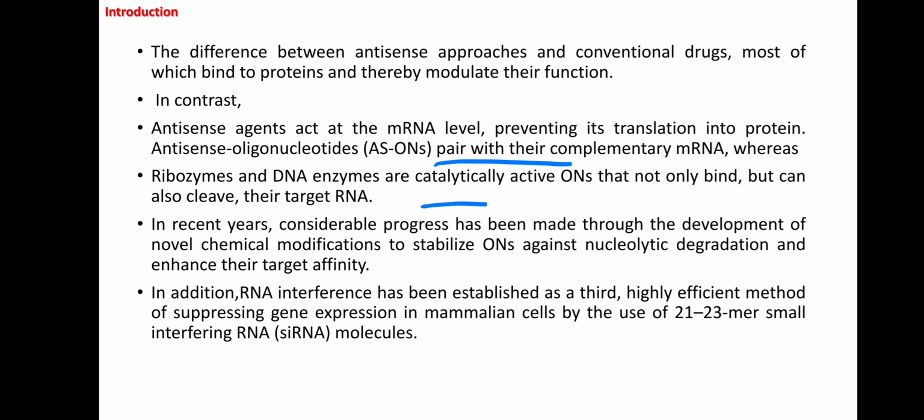Ribozymes and DNA enzymes are catalytically active oligonucleotides. They not only bind but also cleave the target mRNA. But strong evidence also proves that antisense technology can be further improved by developing higher nucleoside resistance to degradation and enhancing target affinity. This is the major development in antisense oligonucleotide technology.